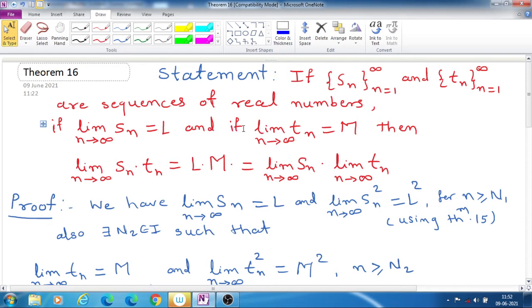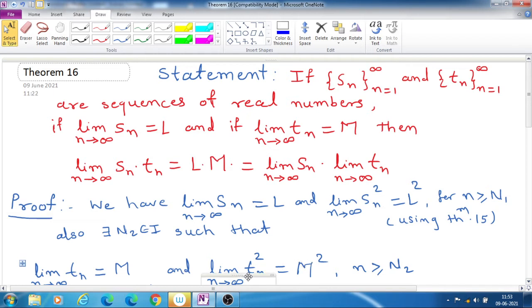are two sequences of real numbers, and the limit of Sn as n tends to infinity is L and the limit of Tn as n tends to infinity is M, then the limit of Sn into Tn is equal to L into M, or L into M means limit of Sn into limit of Tn.